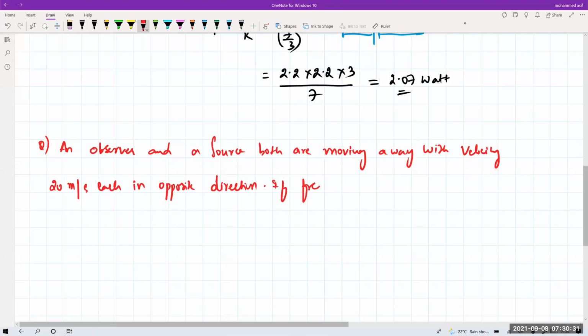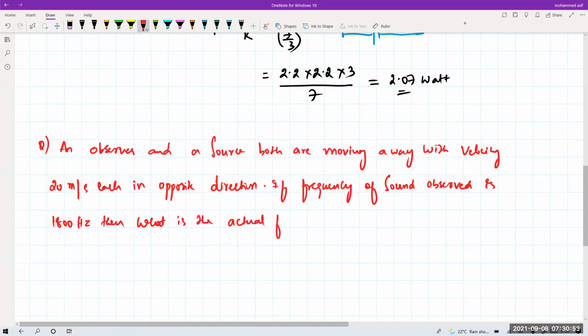If the frequency of sound observed is 1800 hertz, then what is the actual frequency? Velocity of sound is equal to 340 meter per second.